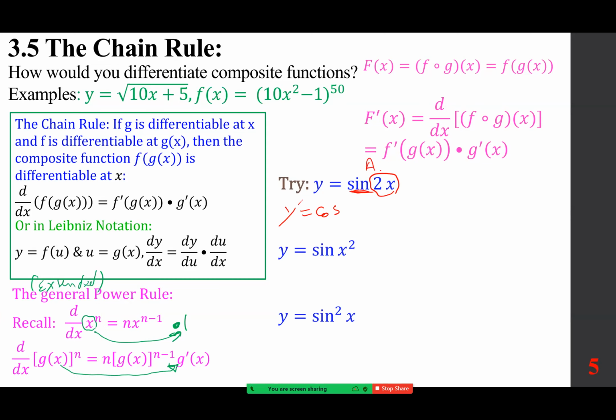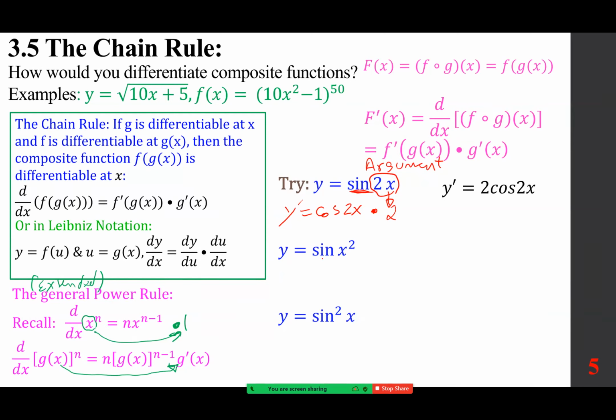This is the argument of sine, so you have to write it. Also, now by the chain rule, you need the derivative of this. Remember, if it were x, the derivative is 1 and you don't have to write it. But it is not. It's a function of x. So times 2, and you put the 2 in front.